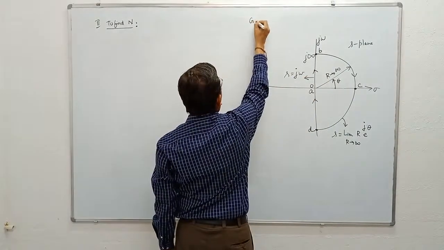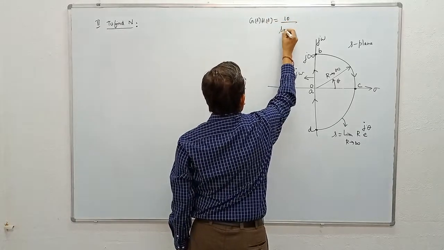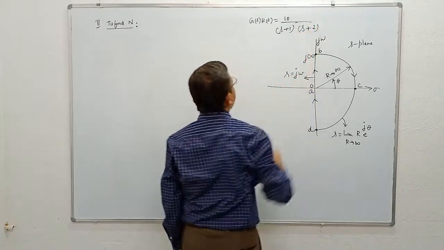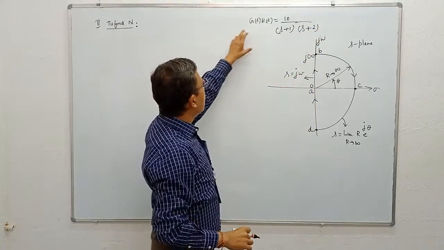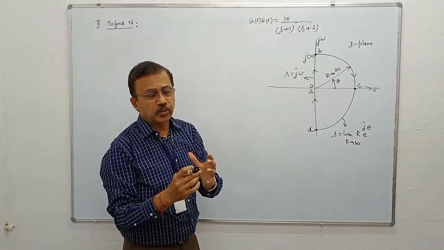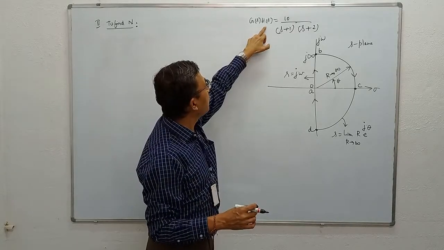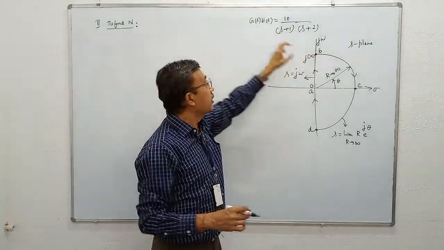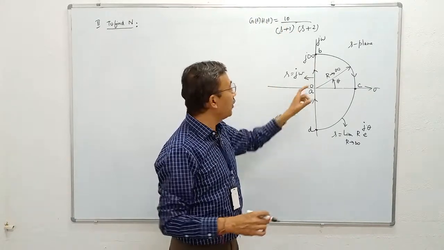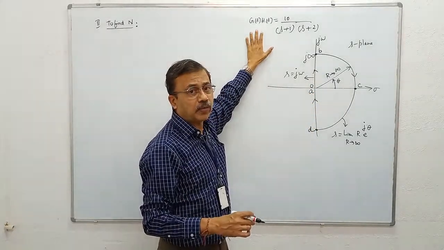What is G(s)H(s)? G(s)H(s) is equal to 10 divided by (S plus 1) into (S plus 2), which gives the connectivity between G(s)H(s) plane and S plane. Using this function, we have to map the figure ABCDA onto G(s)H(s) plane.